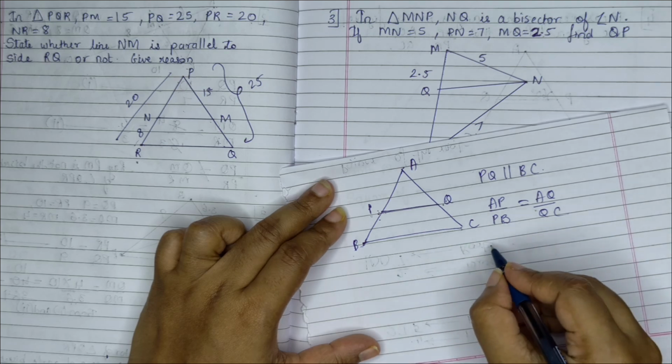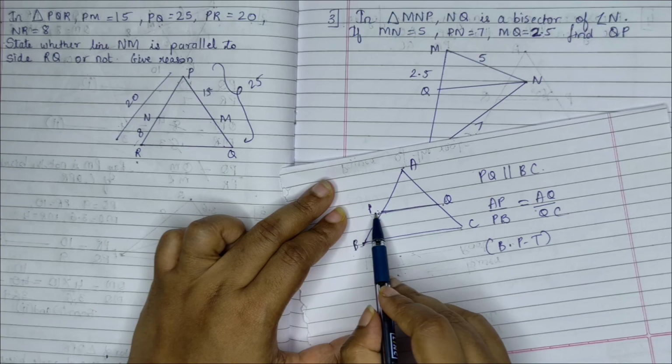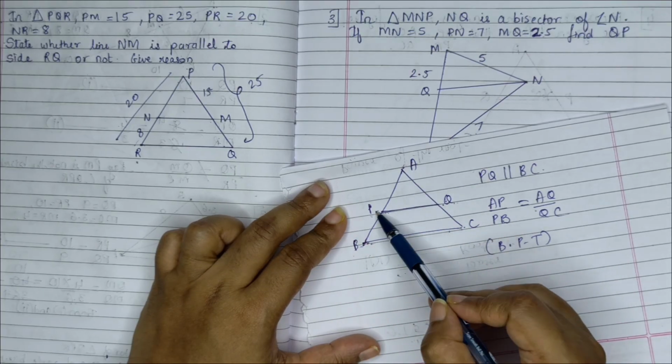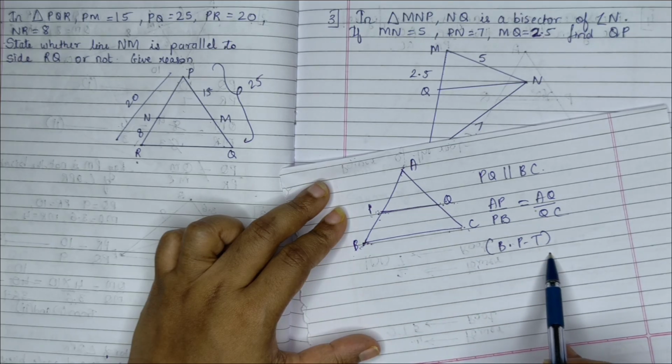Okay, this is by the basic proportionality theorem, that is the BPT theorem. If PQ is parallel to BC, then AP upon PB is equal to AQ upon QC by the basic proportionality theorem.